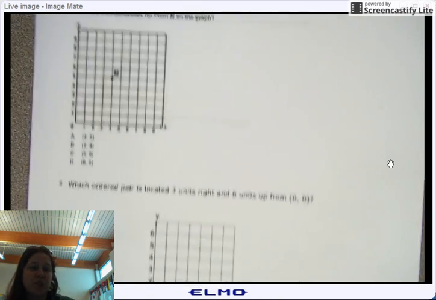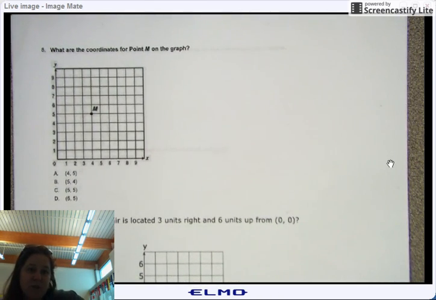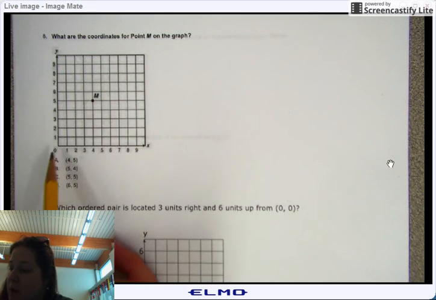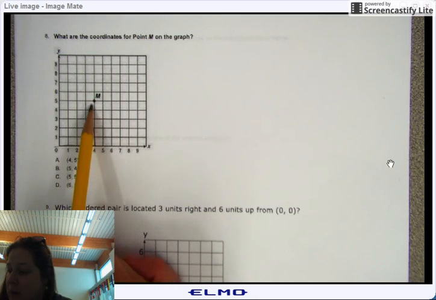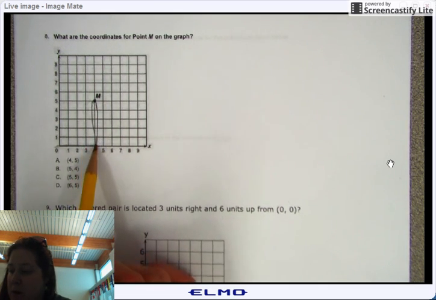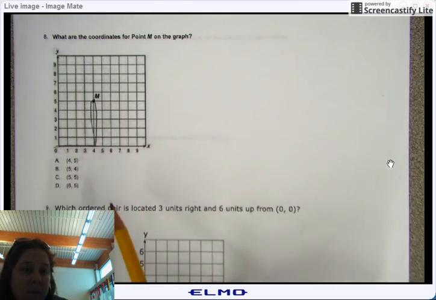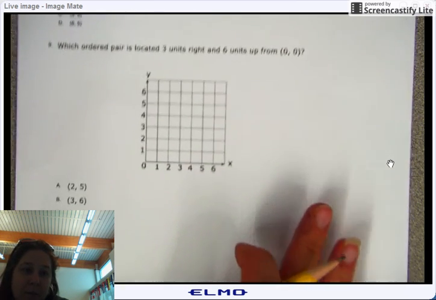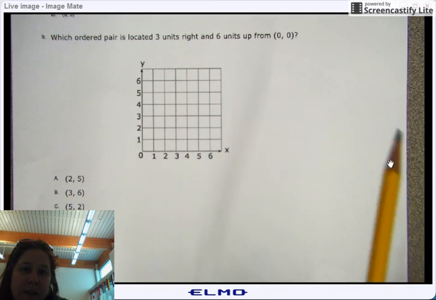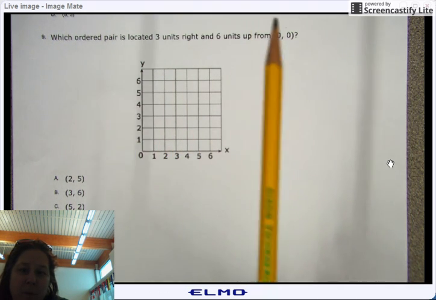Okay. Question 8. What are the coordinates for point M on the graph? Really simple. Go over and up. Take a moment and go over and up. Question number 9. Which ordered pair is located 3 units to the right and 6 units up from 0, 0?